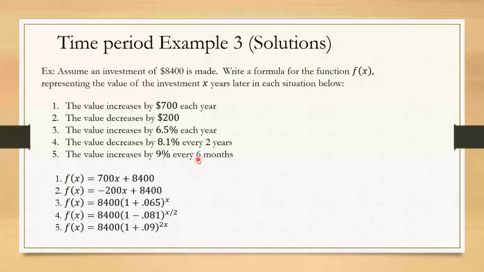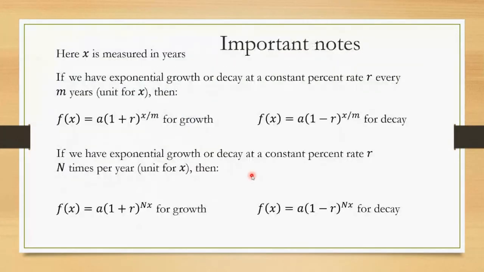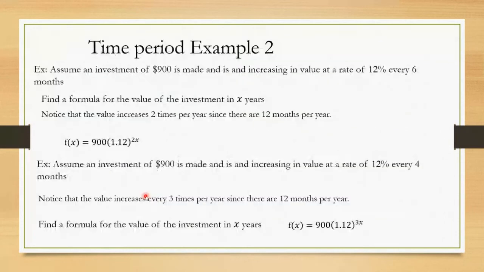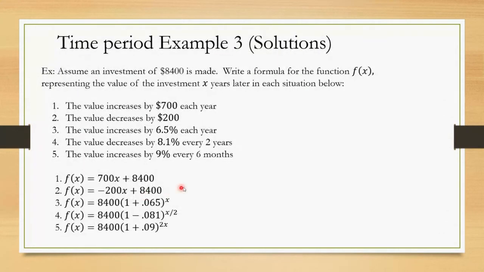Every 6 months, that's twice a year. There are 12 months in a year, so 2 times x. Twice, every 6 months, that's 2 times per year. Capital N is 2, which is good.